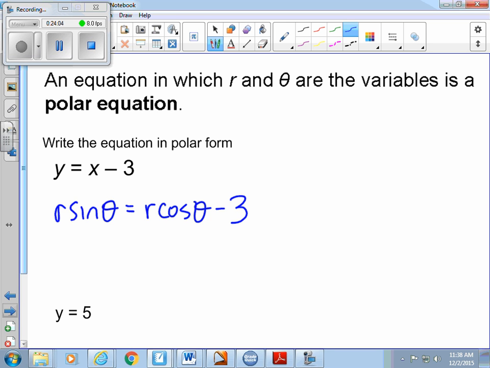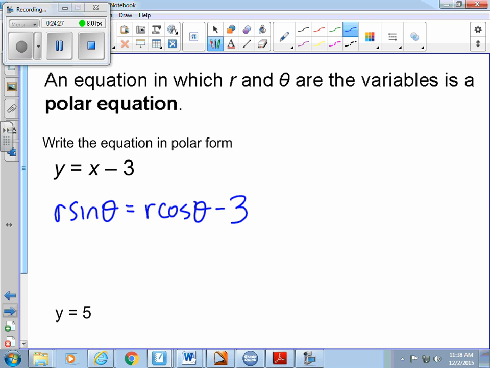If I wanted to graph this in polar format in my calculator, I'm going to show you a cool trick on your calculator. Go to mode. Normally it's in function mode. What is an option that looks interesting? Polar. Move it over to polar. Push enter.